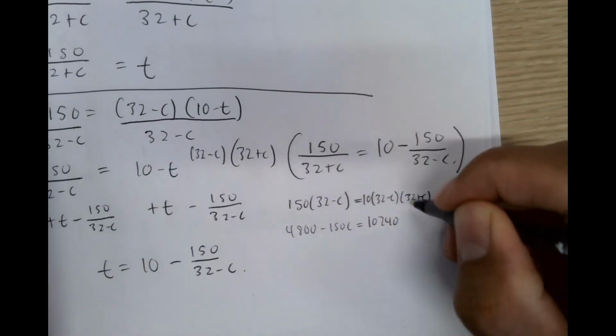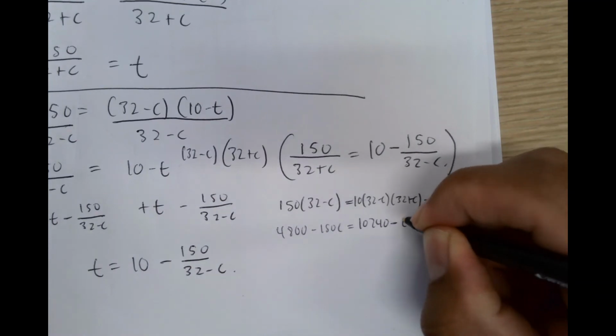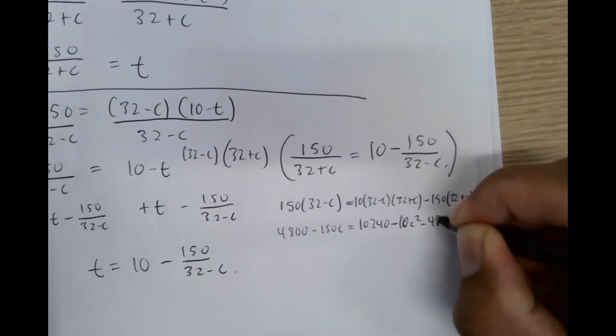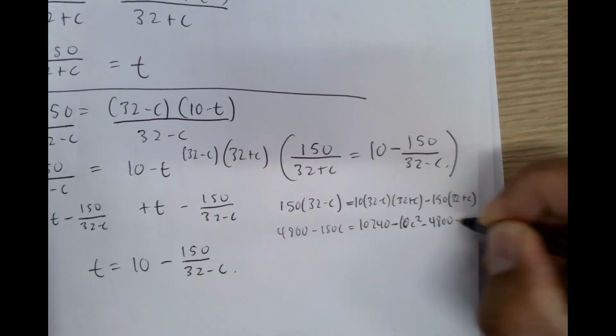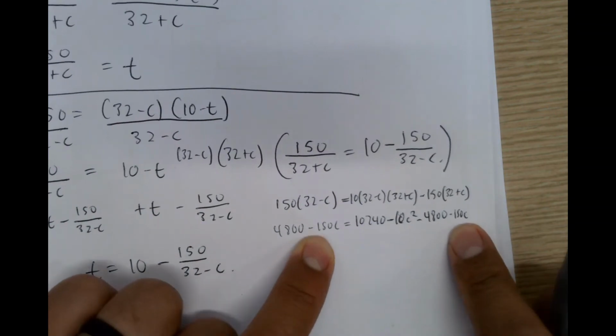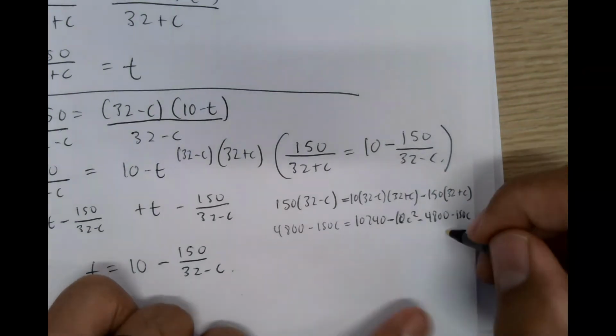And since this is plus and minus the same thing, it would be minus 10c squared minus 4800 minus 150c. So what I want to do is combine everything to one side if I can, but I can see here that I have negative 150c on both sides. So I'm going to cancel that out. I'm going to add 150c to both sides.